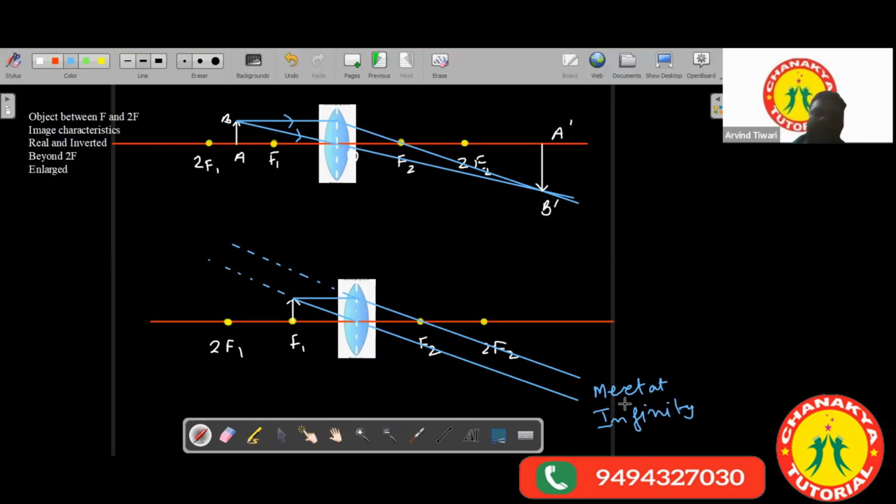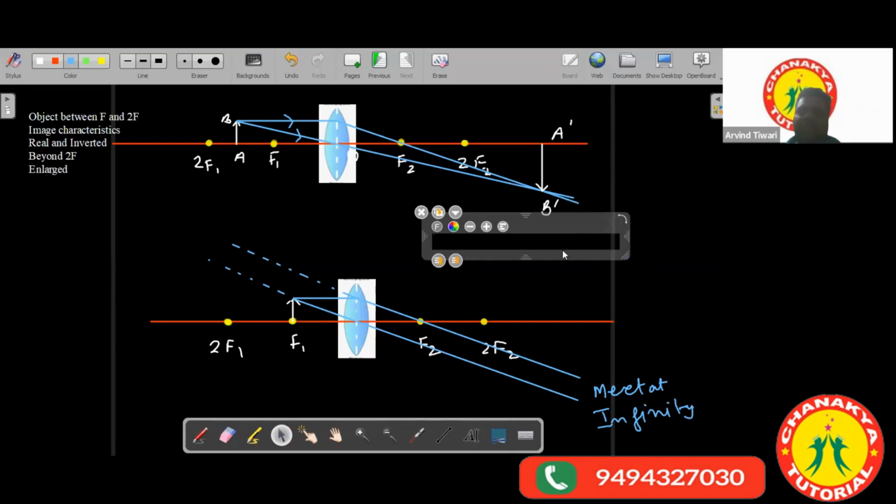So understood. Okay. What are the characteristics that we can put here for the image? Yes, Ayonija, what are the characteristics that we can put? The image formed is virtual and erect, and it is enlarged, and image position is at infinity.